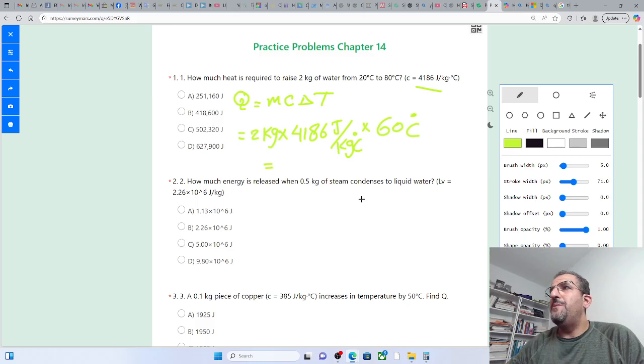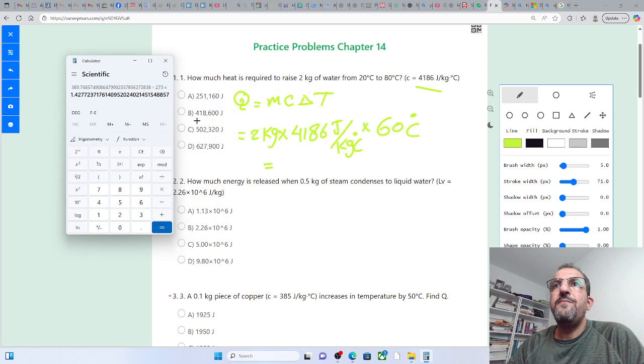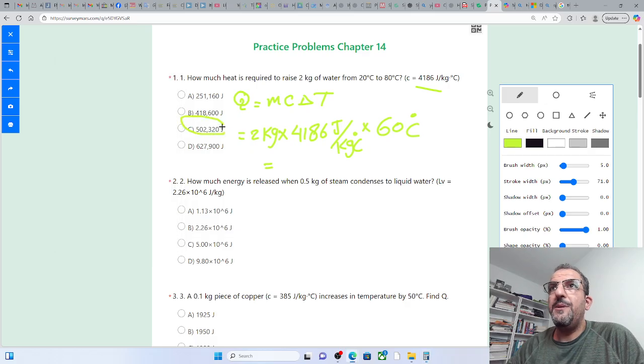Now if we do the multiplication, we have 2 times 4186 times 60, so that's equal to 502,320 joule. So this is the right answer.